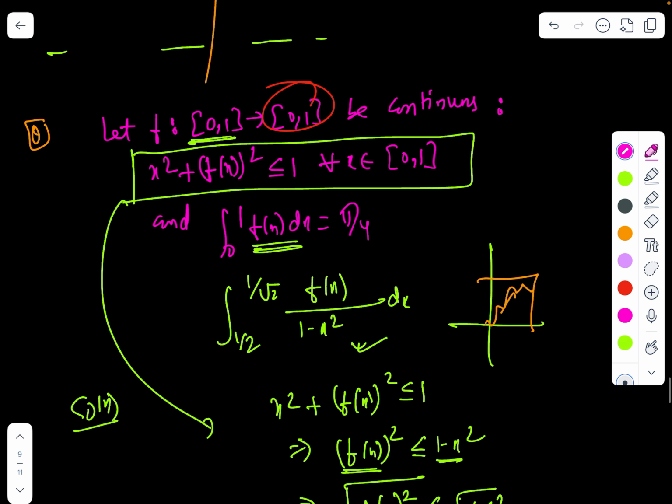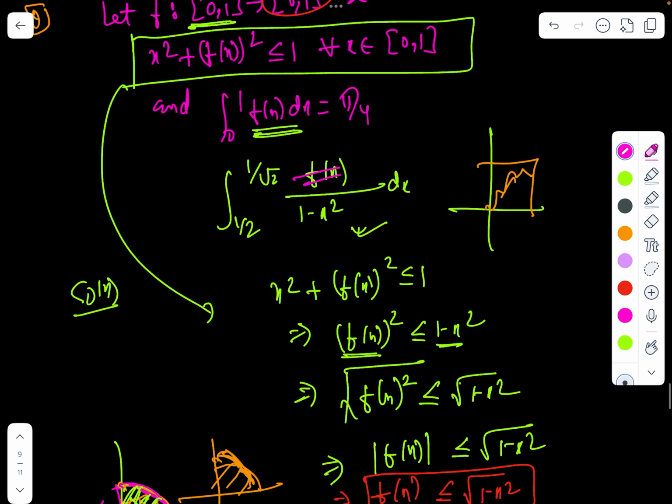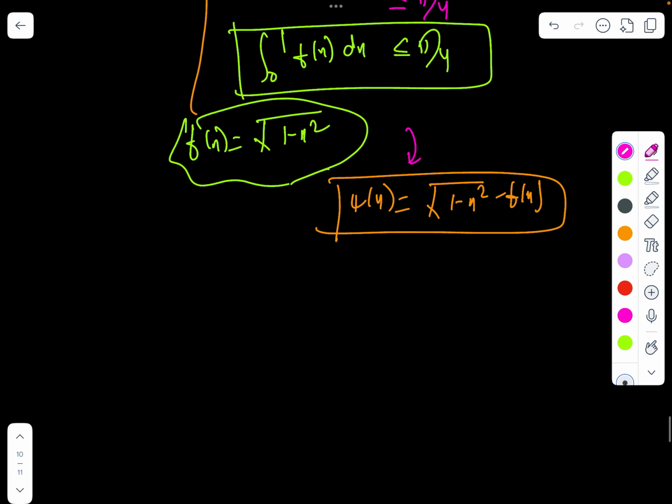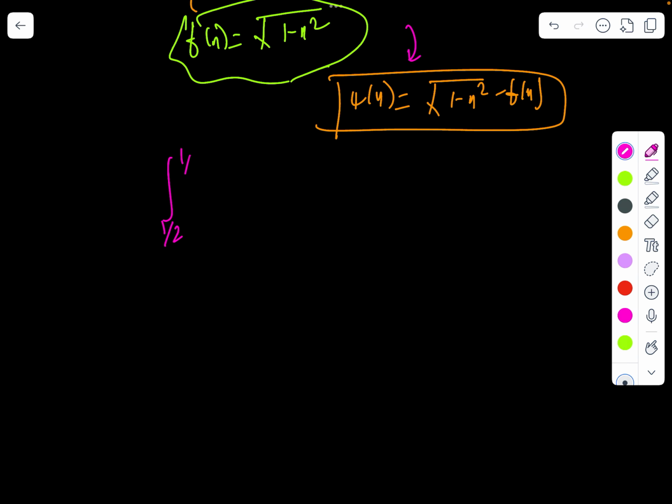Now once you know the function is root over 1 minus x square, the question is almost killed, because it's integral from 1 by 2 to 1 by root 2, dx by root over 1 minus x square. And this is sine inverse x evaluated at half and 1 by root 2.